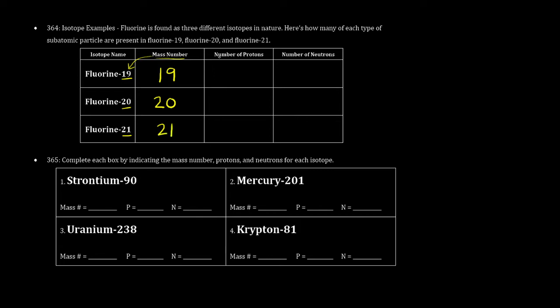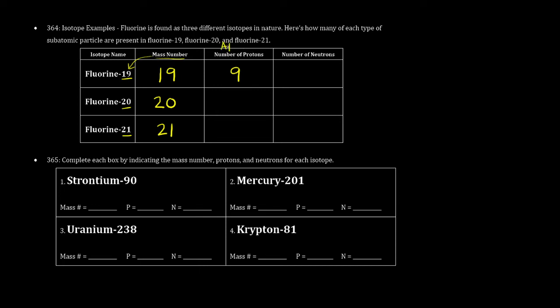Protons is another easy one to find here because we know since it's fluorine 19, fluorine has the same atomic number no matter where you find it or what isotope you find of it. So, since the atomic number is the number of protons, we can say that fluorine 19 has 9 protons because that is the atomic number.